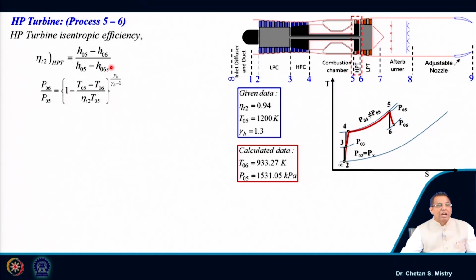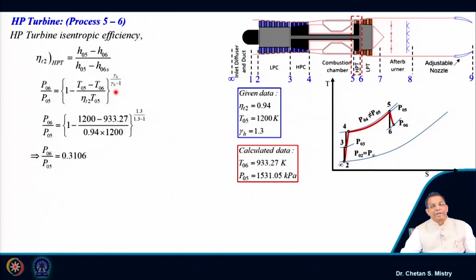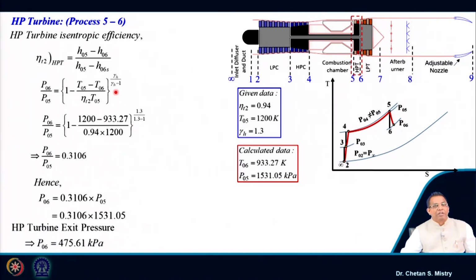Here this gamma value, carefully look at, it is written gamma H, gamma suffix H, that represents my hot gas. And for that gamma value it is given 1.3. So, let us put this in the formula. We will get our exit pressure as 475.61 kilopascal. So, this is my exit pressure from the HP turbine.